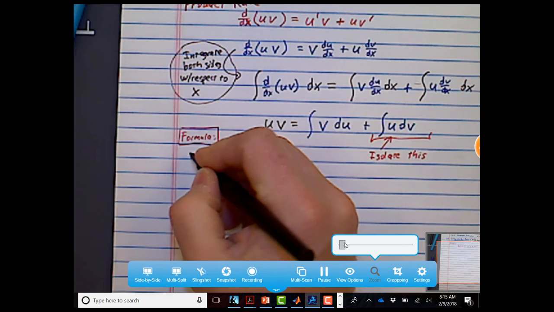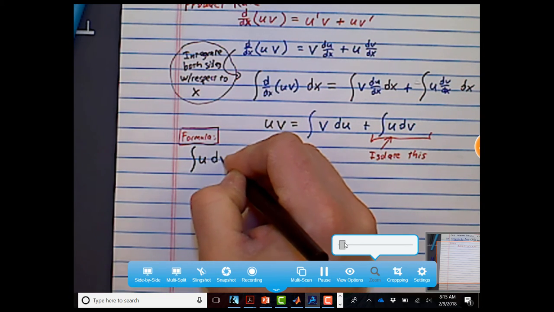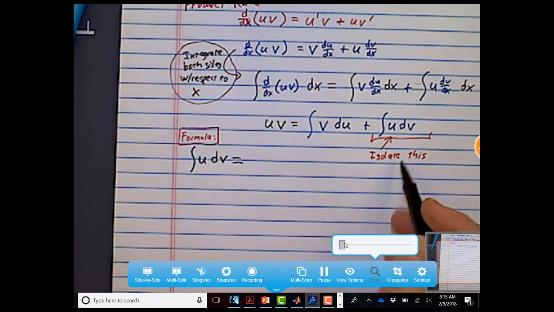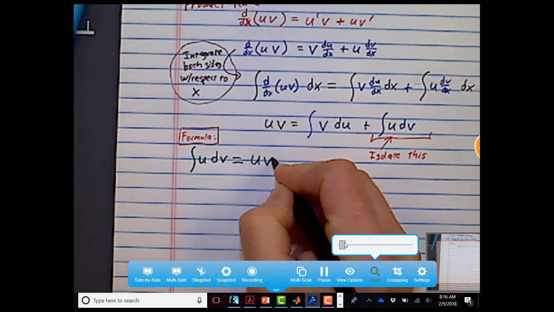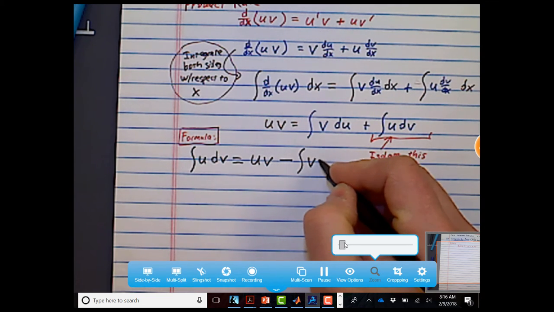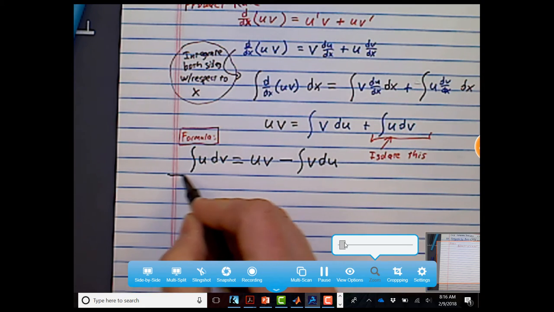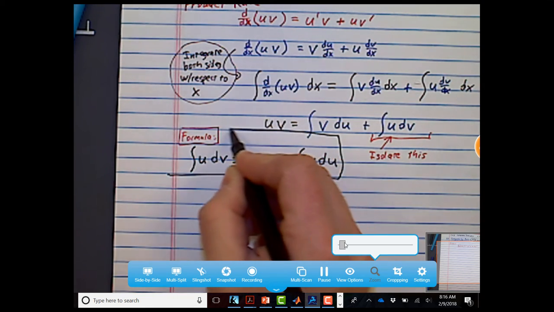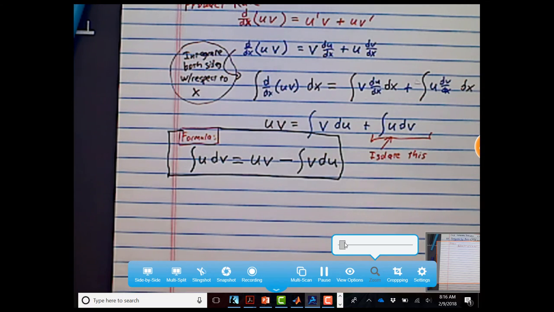The integral of u dv equals uv, u times v, minus the integral of v du. And this formula is the formula that we're going to use throughout this section. So it takes a few steps to get it from the product rule to that formula, but that is really integration by parts. You might say, well, when's it used? Well, it's used anytime you have a product of functions.